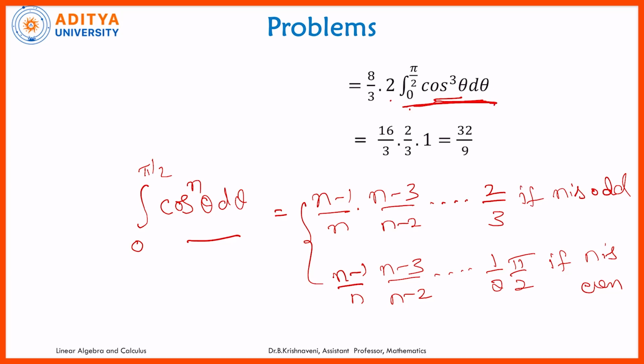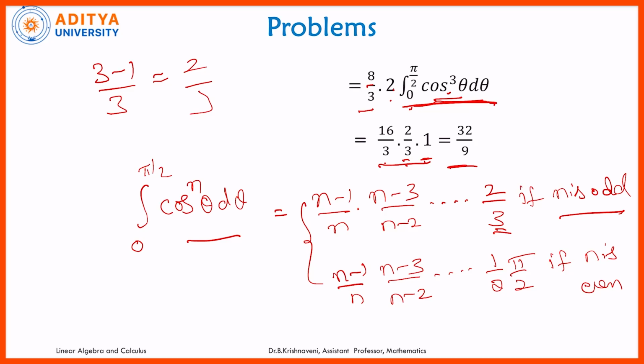So here the integration takes the form integral 0 to pi by 2 cos cube theta d theta. Here the n value is 3, which means n is odd, so we need to apply this. So n minus 1, that is 3 minus 1 by 3, which is equal to 2 by 3. So 8 into 2 is 16 by 3 into 2 by 3 into 1, which is equal to 32 by 9. Right?